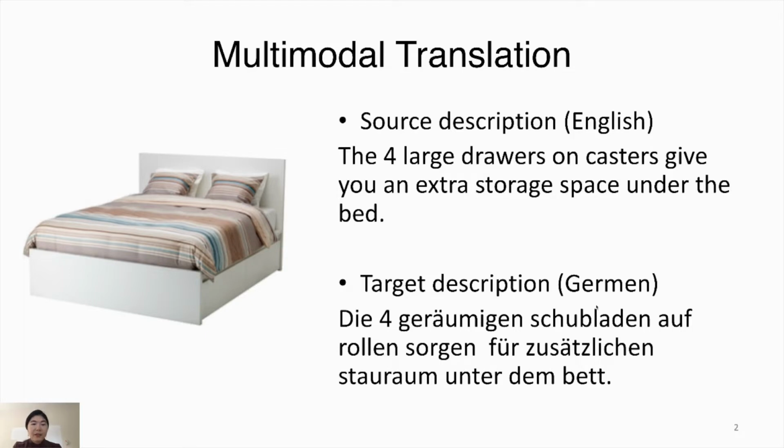machine translation. For example, you have a real application where you're an online company selling different products. Originally, all the descriptions were written in English, but now you're expanding your business to another country. They speak a different language, so you need to translate it. With the image, for example, your product image as a condition during translation, your translation will be more accurate.